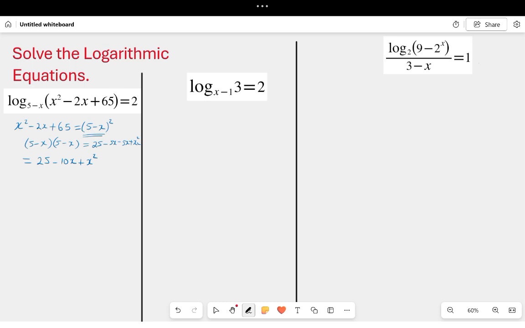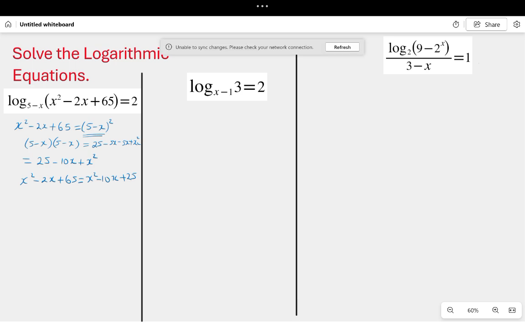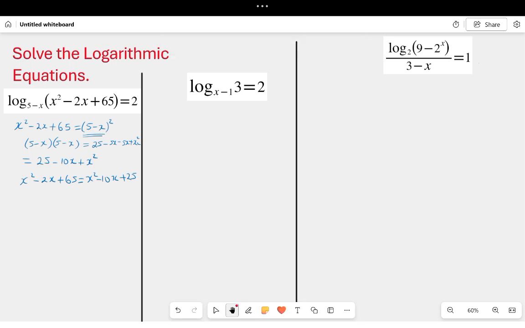Now, writing this, we are going to have x squared minus 2x plus 65 is equals to x squared minus 10x plus 25. Now looking at both sides, we have x squared on one side and the x squared over here, they cancel out.